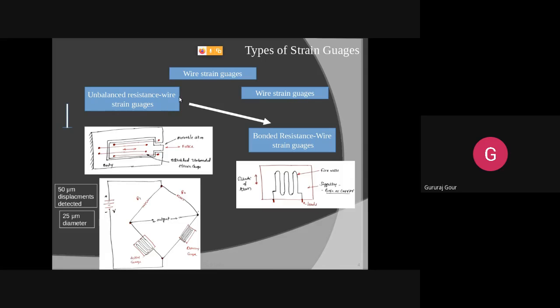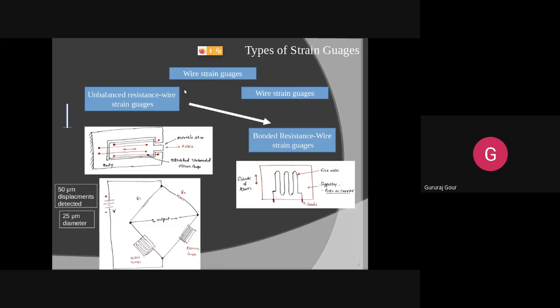Under unbalanced resistance wire strain gauges we again have many different categories. That's why I am taking this as a separate session, because we need to discuss each classification of these strain gauges in detail, along with one important derivation.